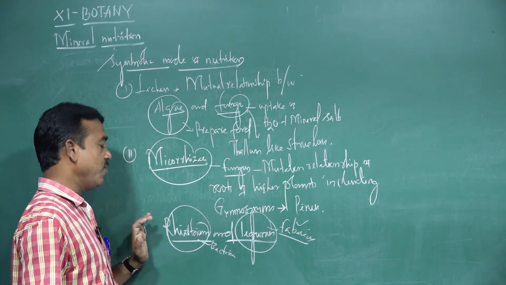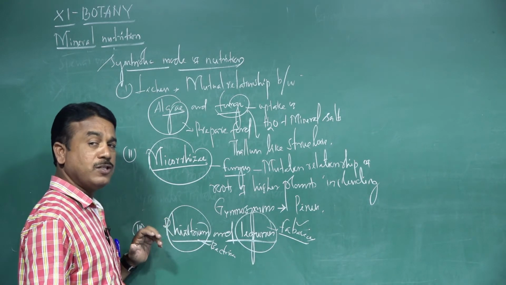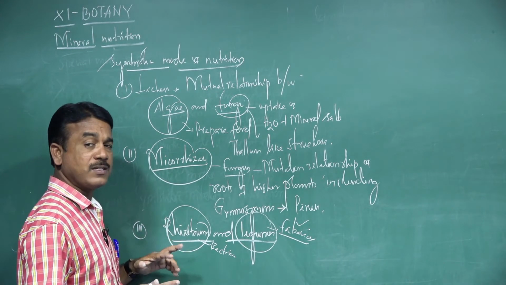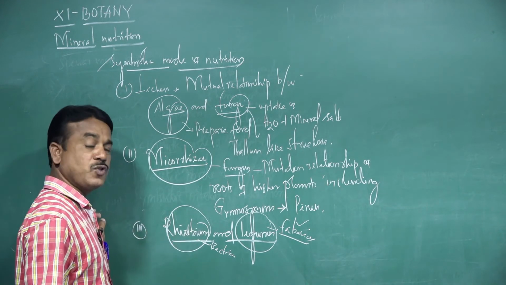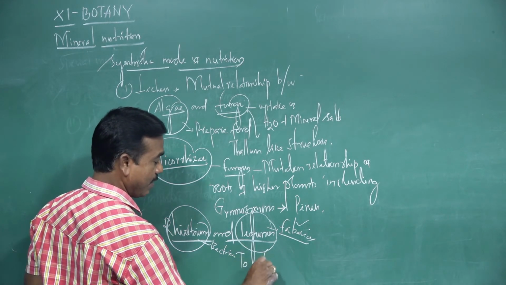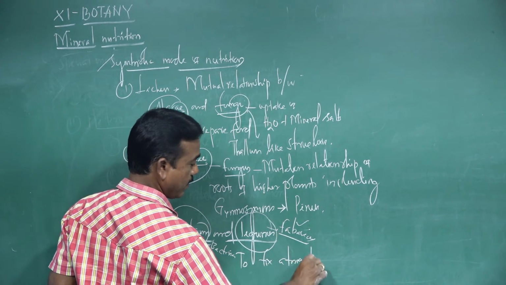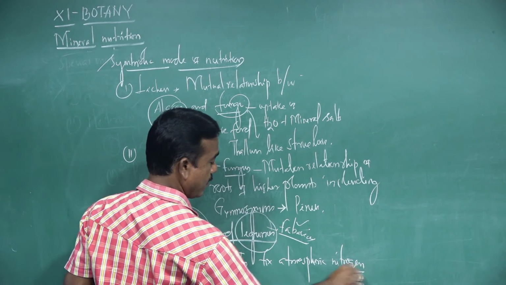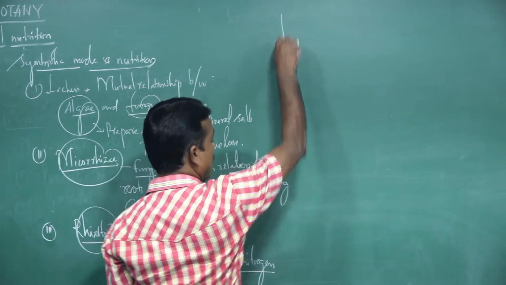What are the characteristic features of rhizobium and legumes? It is a mutual relationship or association between two different kinds of organisms. What capability occurs in rhizobium and legumes? To fix atmospheric nitrogen.